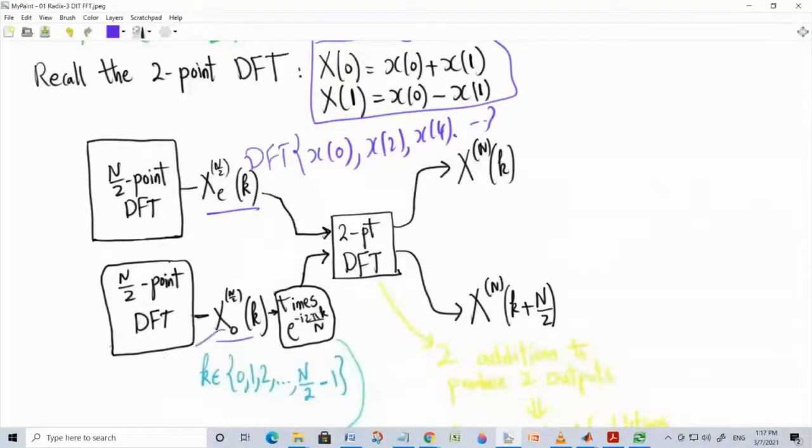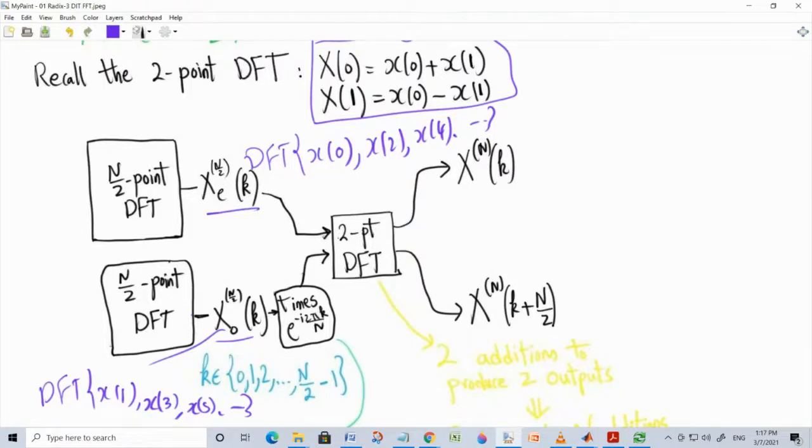And this one is the DFT of x[1], x[3], x[5], and so on. Then you take the kth output here, the kth output from there, where k is an integer between 0 and N/2 minus 1. Remember that big N is a power of 2. And then we multiply this by e^(-j2πk/N).